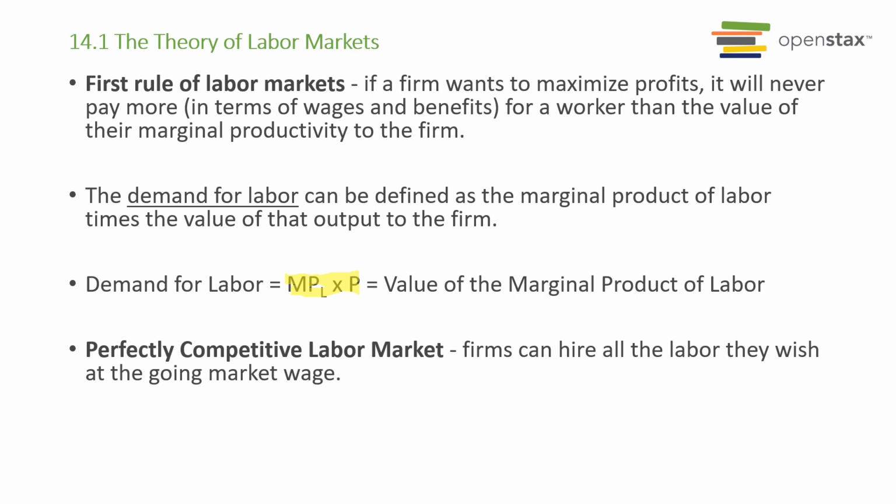Then this person brings the company an additional value of $100, 10 times 10. So the maximum I will pay him will be $100, because anything more than that, I'm losing money. That's the marginal product of labor, how much production this additional labor can produce, multiplied by the price I can sell the good for.